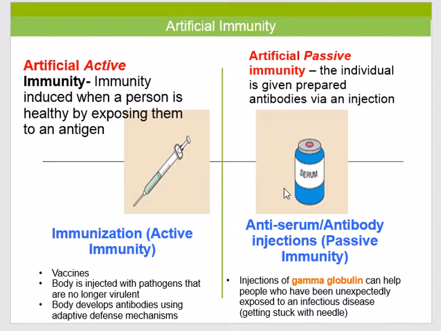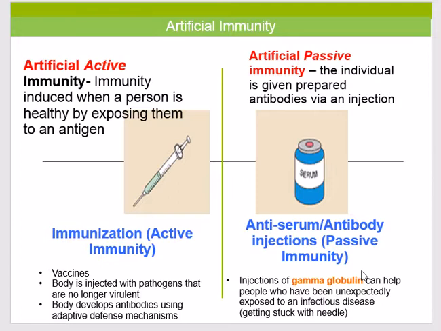And then lastly, artificial passive immunity. This is a situation here where you're actually injecting the antibody itself into a person. So it's done passively because, again, you're not producing the antibodies yourself, and it's done artificially because it's being put into the body, and it's been produced and manufactured outside of the body.